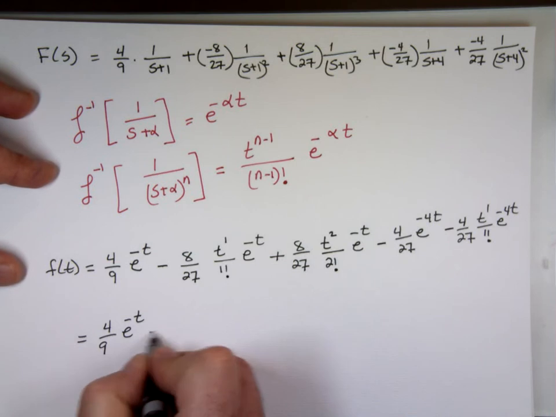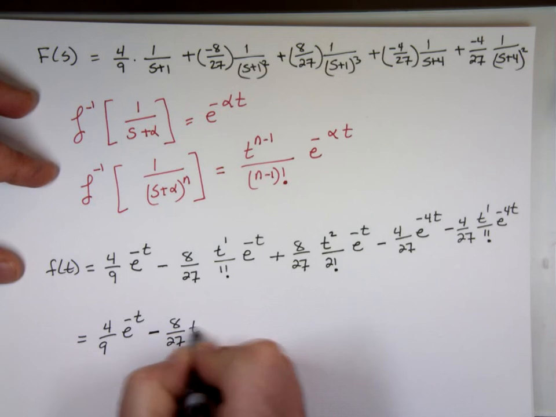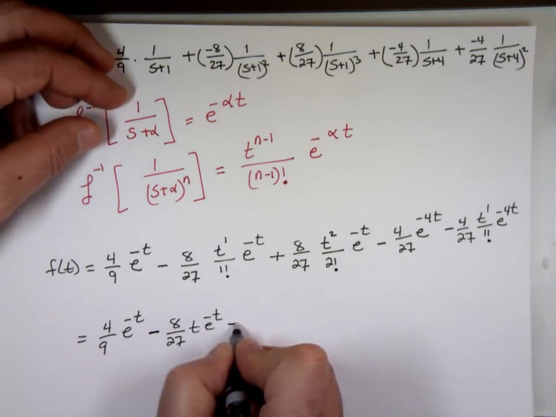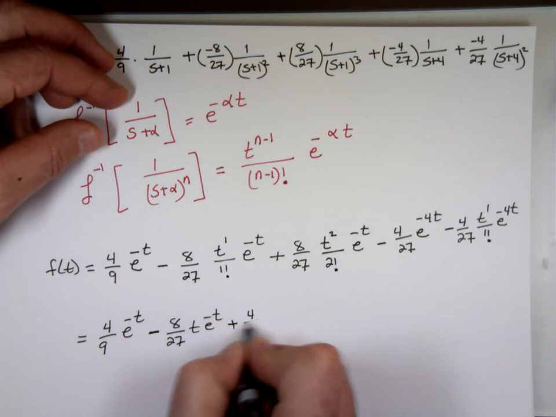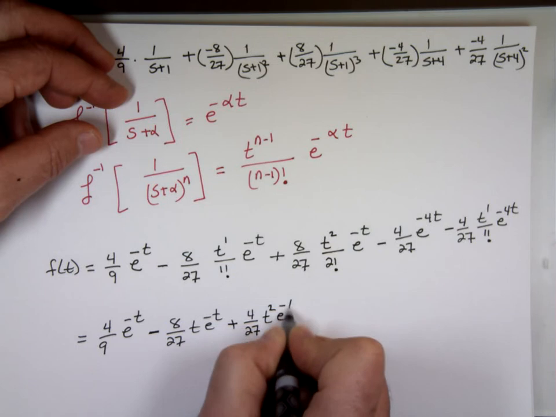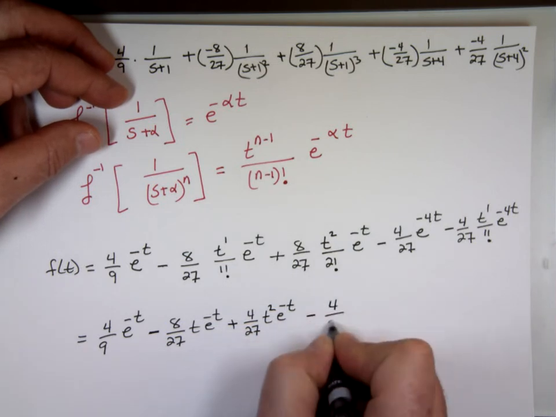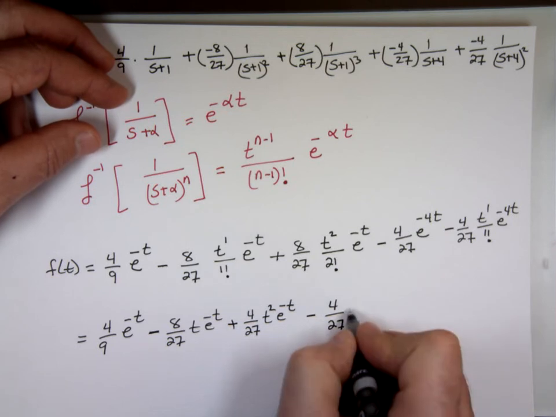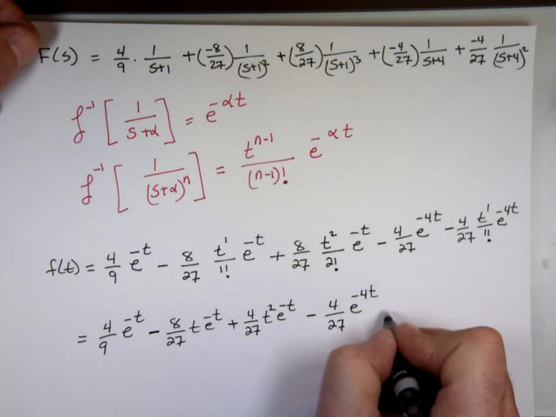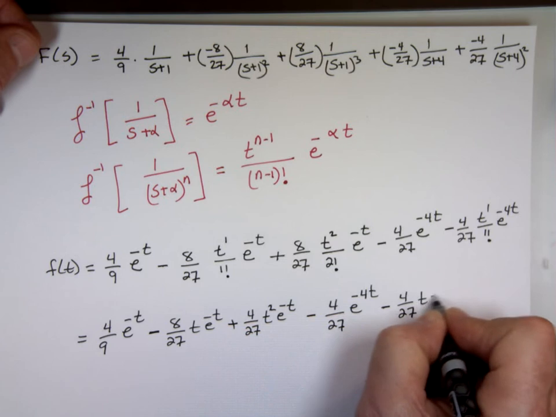This is 8 over 27 t e to the minus t. 8 divided by 2, that's 4 over 27 t squared e to the minus t, minus 4 over 27 e to the minus 4t, minus 4 over 27 t e to the minus 4t.